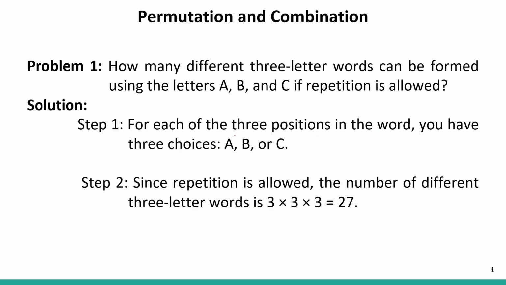So for each of the 3 positions you have 3 choices, A, B, C. Since repetition is allowed, the number of different 3-letter words will be 3 power 3, that is equal to 27.